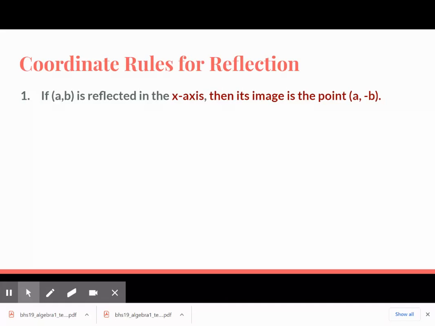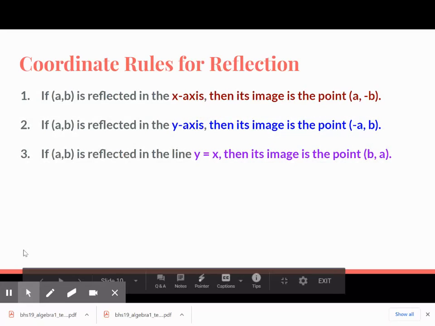That makes a lot more sense than using a comma negative b. So for number 1, whenever you reflect across the x-axis, put change the sign of the y coordinate.